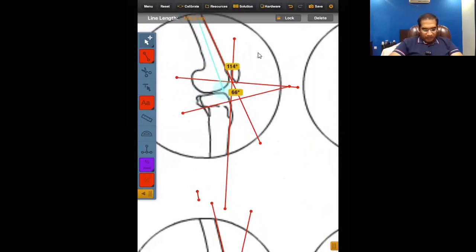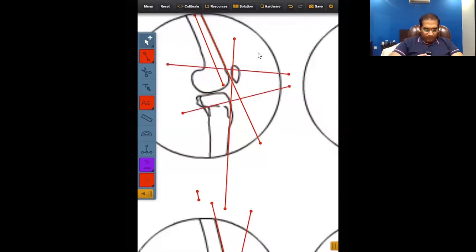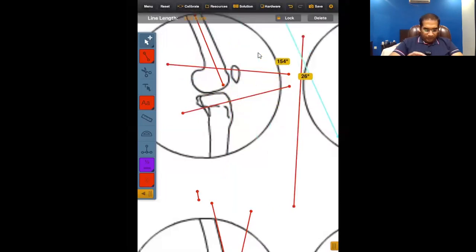This is a mid-diaphyseal line. And now let us simply first remove these two lines. We're going to draw, as you can see, here is the posterior tibial angle. What is the posterior distal femoral angle over here?